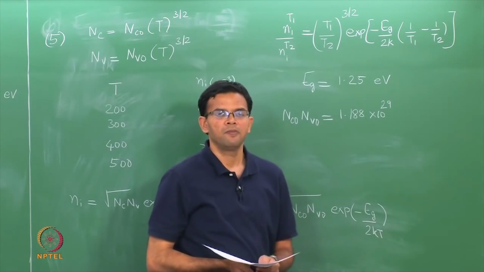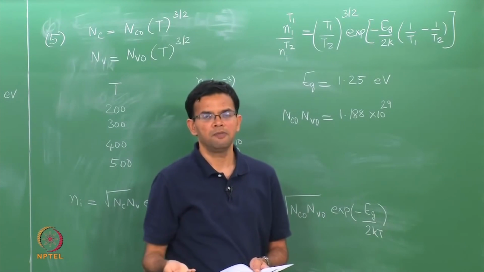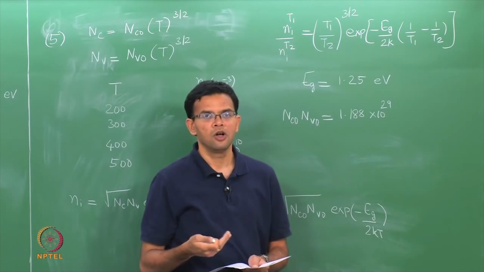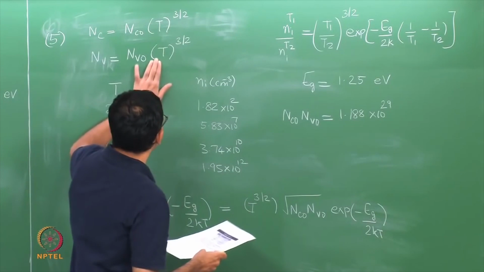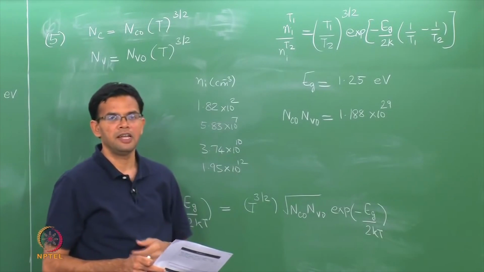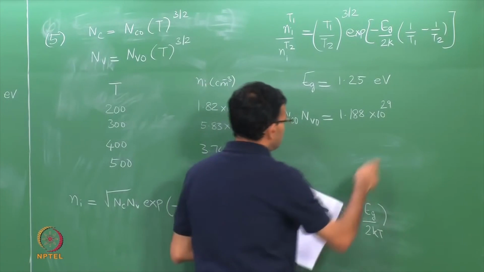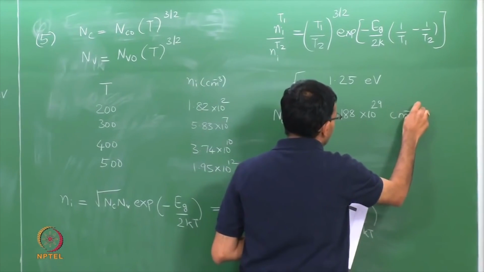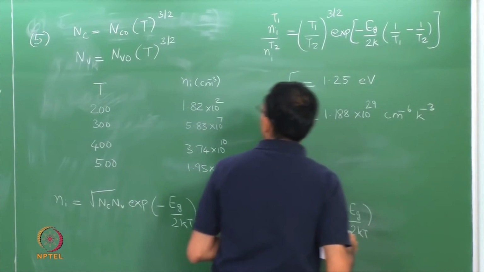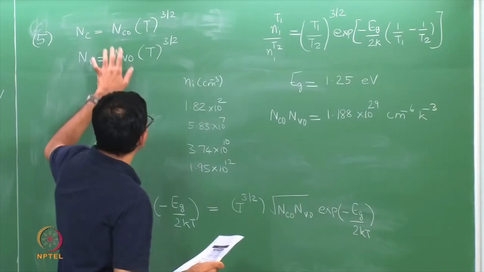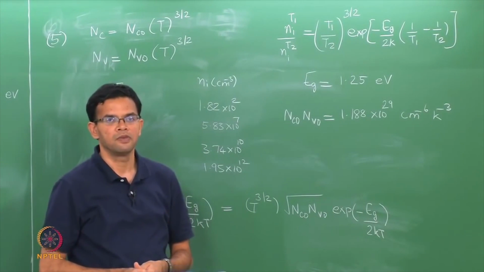Nc and Nv, the square root of that should have the units of per centimeter cube or per meter cube. In this particular question, this also depends on T to the 3 over 2. So, the units of this product is centimeter to the power minus 6, Kelvin to the power minus 3. That way, when we substitute for square root, units work out in the right way.